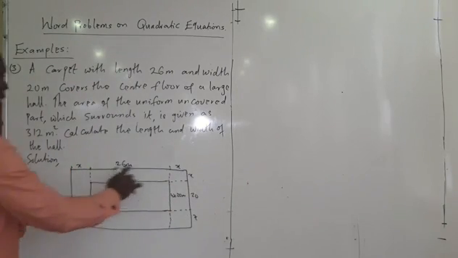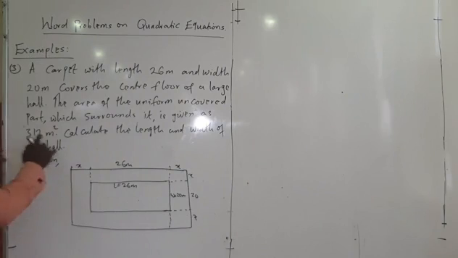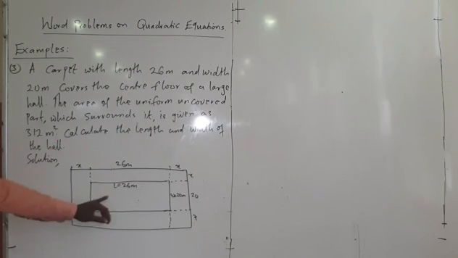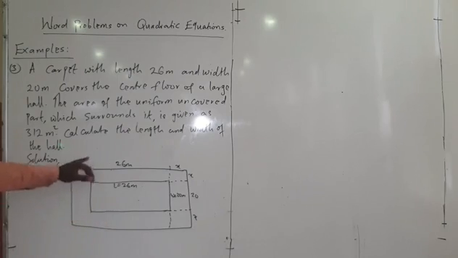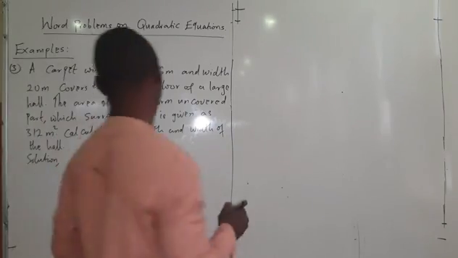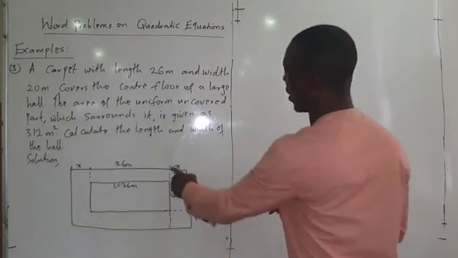Then the area of the uncovered floor is given as 312 meters squared. So to do this, we are going to look for the area of the carpet, then the area of the rectangular floor, the area of the hall.